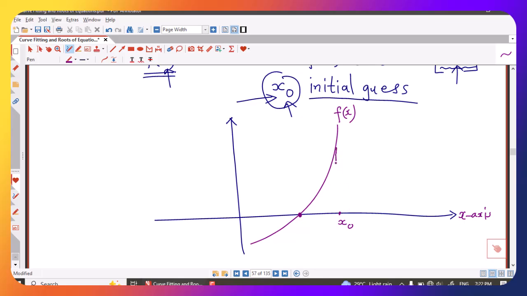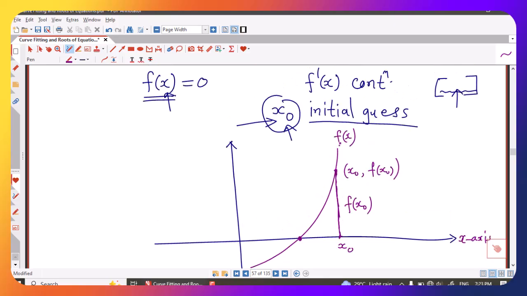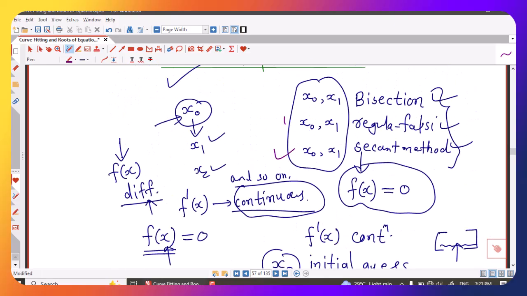So x0 is the initial approximation, and this distance is f of x0, and this point will have coordinates x0 comma f of x0. Now in the previous two methods, the secant method and the regula falsi method, we start with two initial approximations to the root, and then we consider the secant line which joins the two points x0, f of x0 and x1, f of x1.